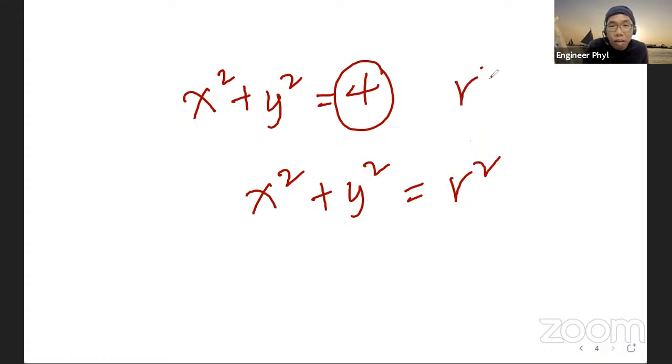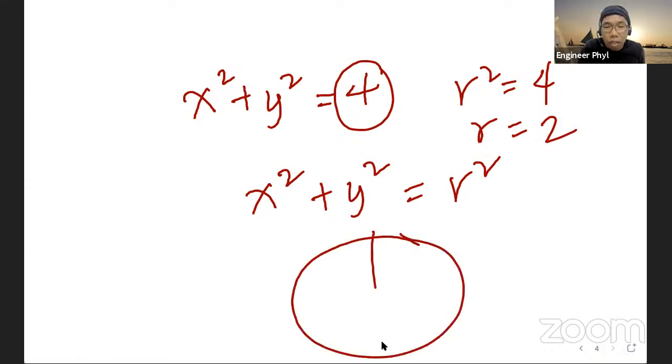So r squared is equal to 4, therefore the radius is the square root of 4, which is 2. So you can actually put an illustration here. This is a circle with center at the origin, and the radius is 2. So 1, 2. That is how you illustrate this equation.